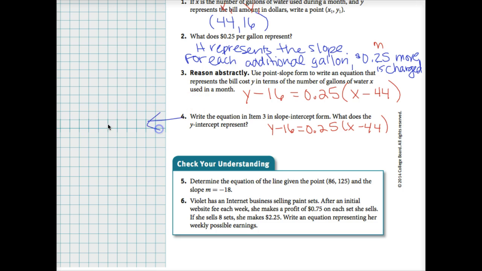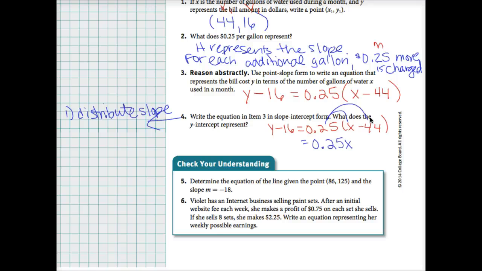So out here, you want to write out the steps from changing from point slope to slope-intercept. So step 1 is to distribute. And we should say distribute the slope. So I do that. So 0.25 times x is 0.25x. Then don't forget to distribute to the second term as well. So I need to distribute the 0.25 to the negative 44.